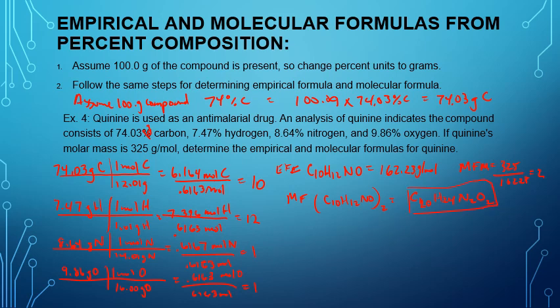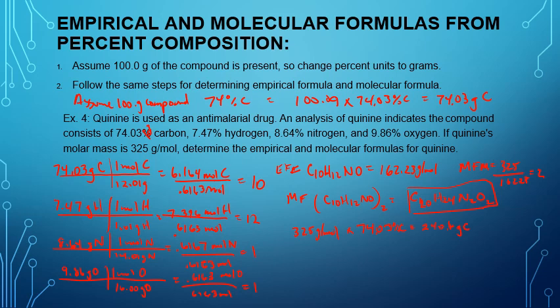Now as far as that little shortcut method is concerned, what you could do is just simply take the molar mass, 325 grams per mole, and I'm just going to do this for one or two of the elements so you can see how it matches up. I'm going to multiply that times the percentage of the carbon. If I take 325 and multiply it by 0.7403, dividing by 100 to get rid of the percent, that would tell me that out of that 325 grams per mole, 240.6 of those grams are carbon.